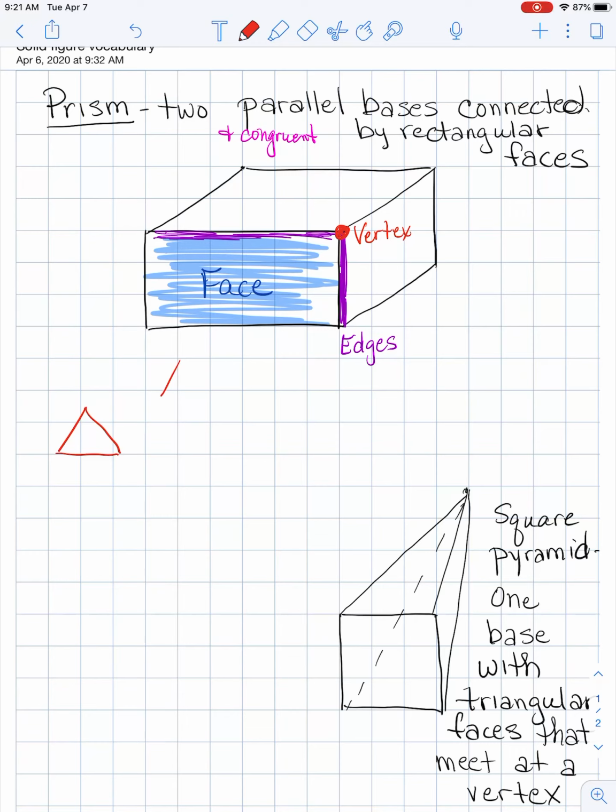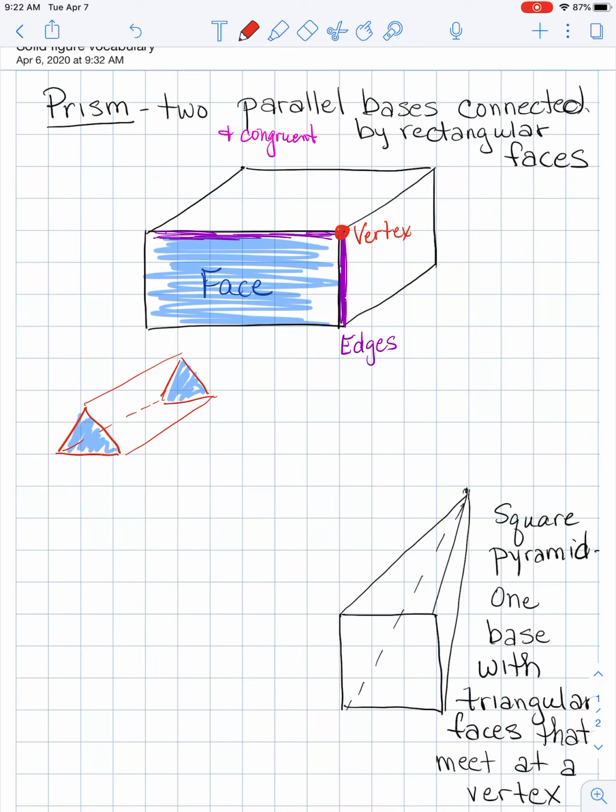Okay, so I'll kind of pretend that, okay. So this is what we call a triangular prism because the bases, which in this case are going to be the front and the back, and it just depends on how we're holding it, the front and the back are triangles, and you can see that they are connected by rectangles.